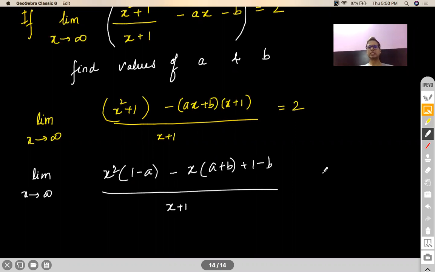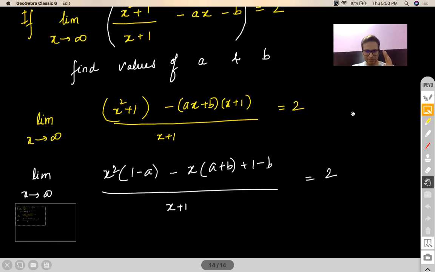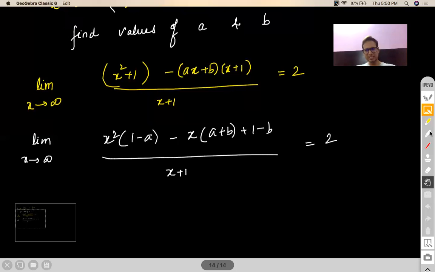Now, let's go back to the very first concept which I talked about in the class today. Your numerator is degree 2. Effectively, I'm not commenting on the exactness of the value. Prima facie, it looks like degree 2. And denominator is degree 1.